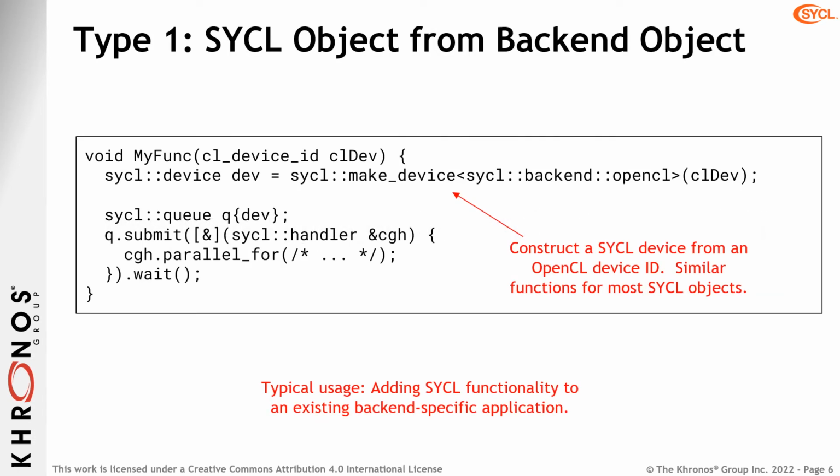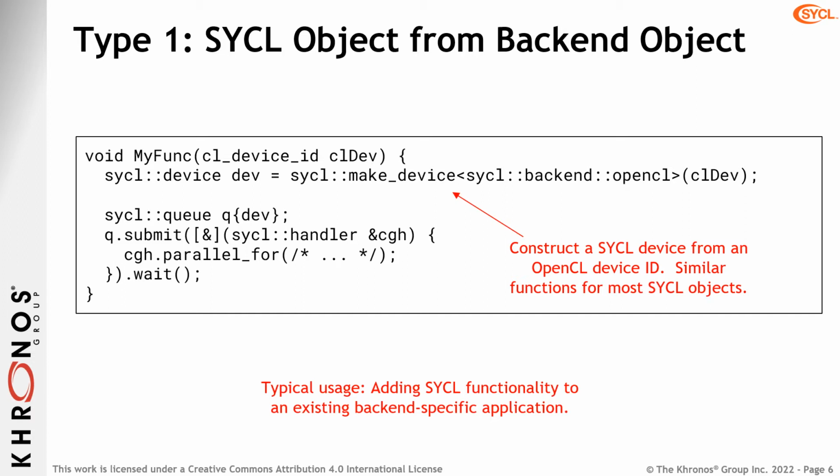The first type allows you to get a SYCL object from a backend object. To illustrate, let's take a look at this OpenCL function, which takes a CL device ID as a parameter. The goal is to submit some work to this device using SYCL APIs, but in order to do that, we need to somehow get a SYCL device that corresponds to that OpenCL device ID. The makeDevice interoperability function provides that ability.